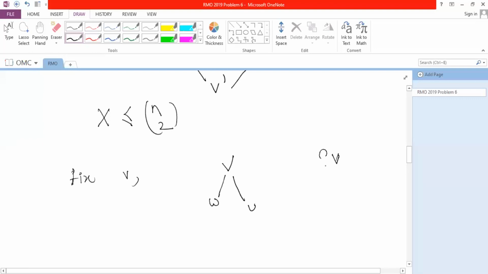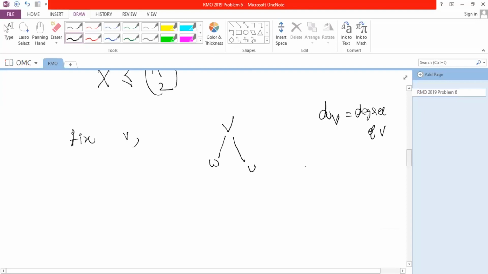Call it dv. And the number of distinct vertices u, w is dv choose 2. So this time x is precisely equal to the summation of dv choose 2, where we are summing over all vertices v.